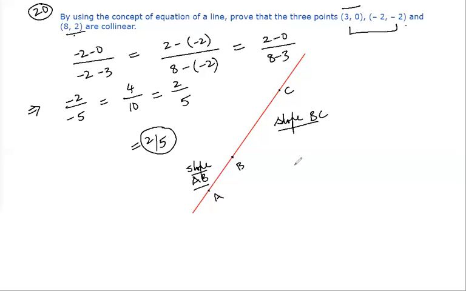That means these points are collinear, or we can say AB and BC are parallel. Am I right? Oh, sorry, not parallel, they are parallel. So parallel means these points are collinear.